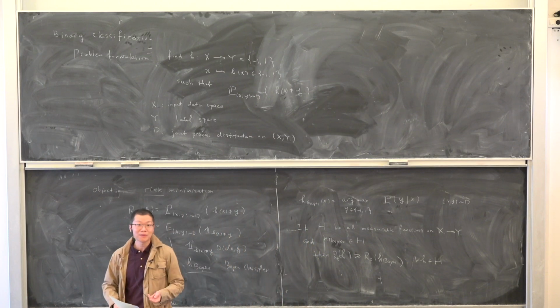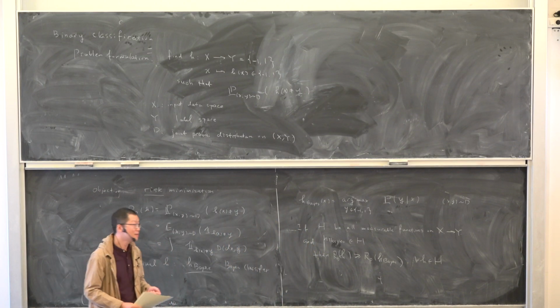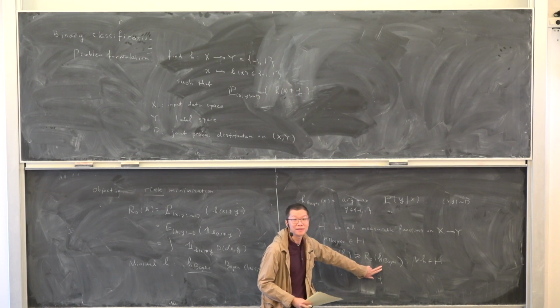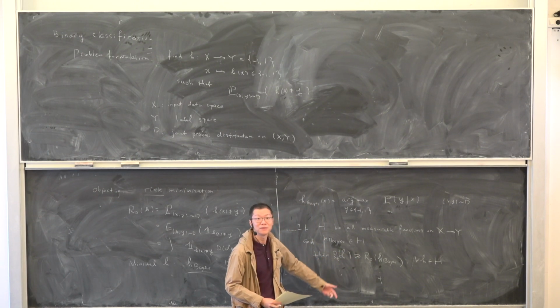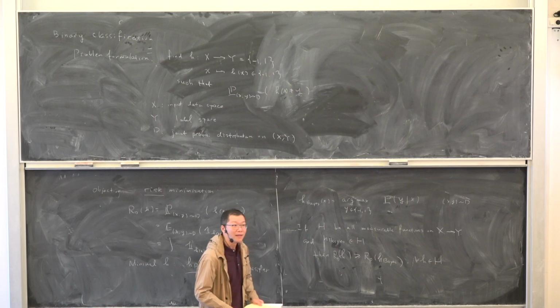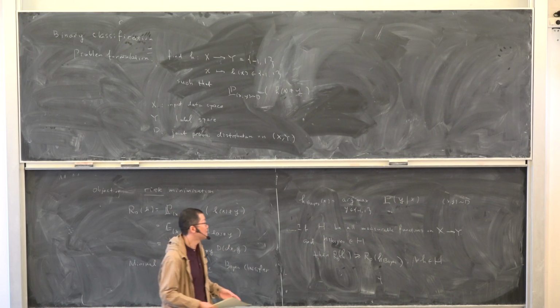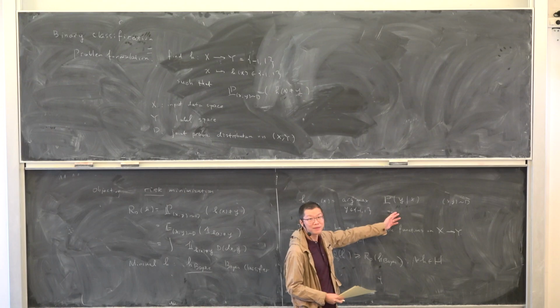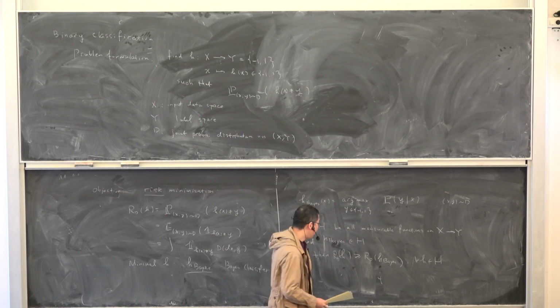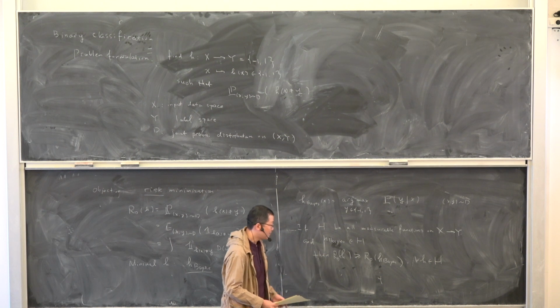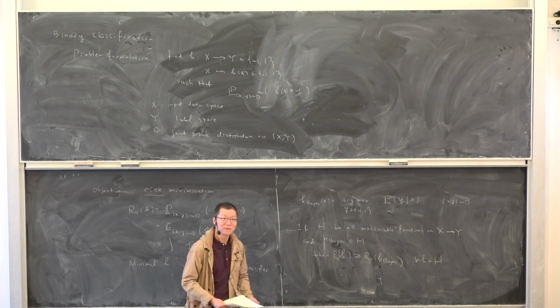It is probably not the unique solution, but at least you cannot do better than the Bayes classifier, in the sense that the risk is not going to be smaller. And so this gives you an ideal situation that if you know what this conditional probability is, then you can compute this Bayes classifier, and then you solve the problem.